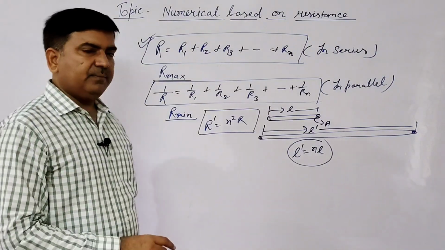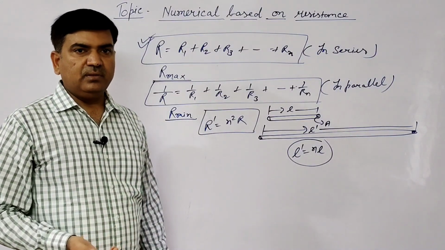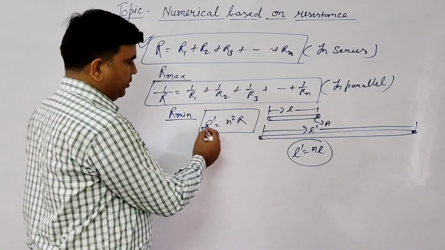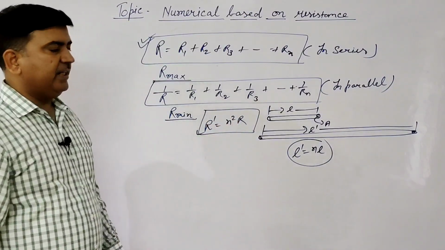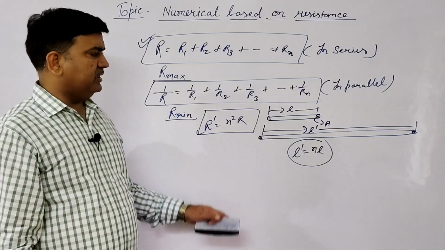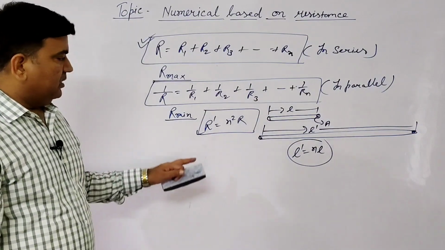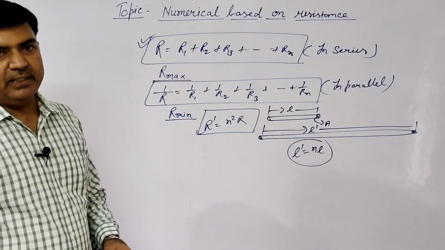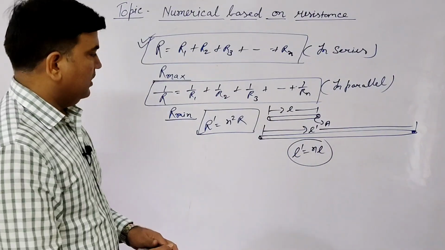In place of n times, it may be given as 2 times, 3 times, 4 times. Then always use the formula R dash equals n square R. The derivation everyone knows. The resistance becomes n square times if the wire is stretched n times.